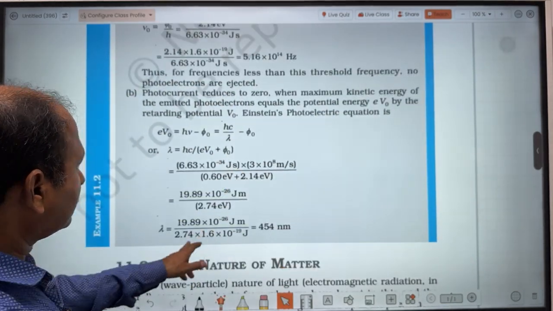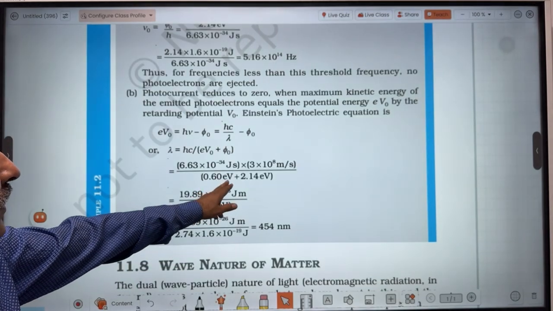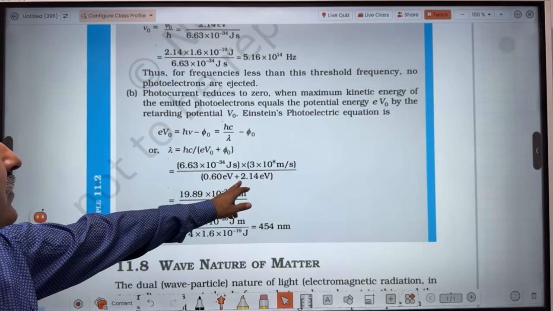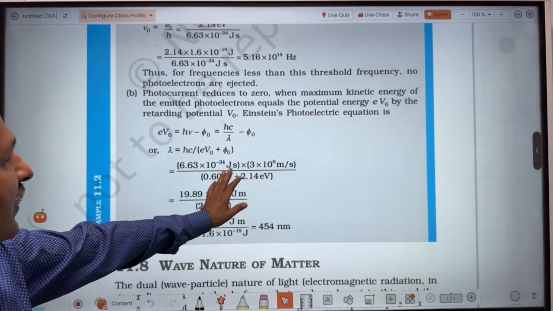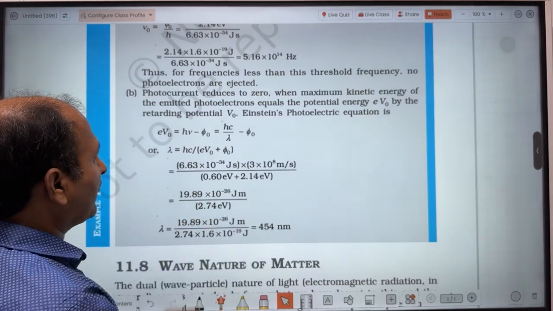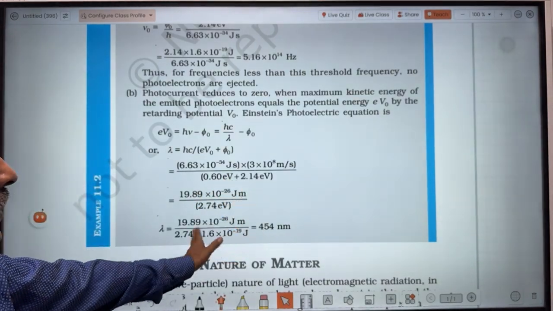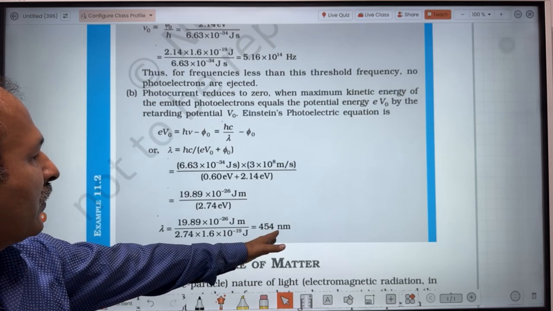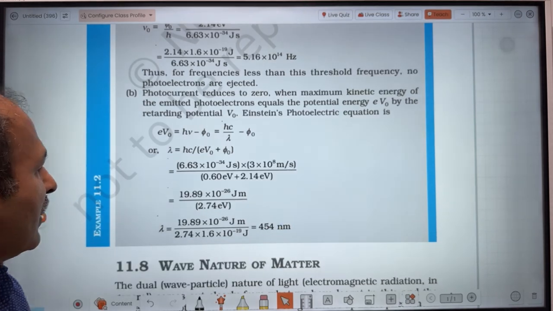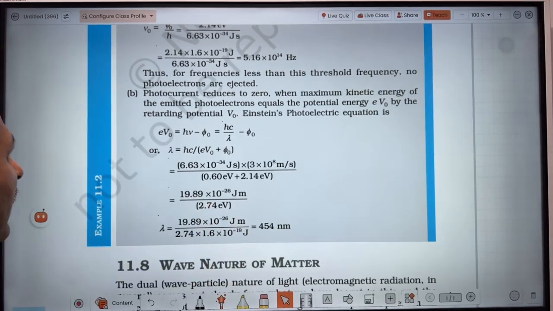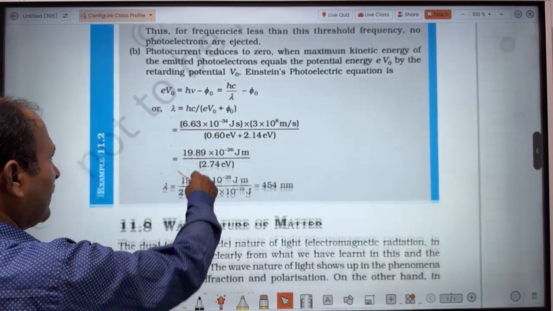So 0.60 eV plus 2.14 eV, both are in eV, so we can take eV common, and in place of eV we can write 1.6 into 10 power minus 19 joule. So we will get 454 into 10 power minus 9 meter, that is equal to 454 nanometer. So I think you have understood.